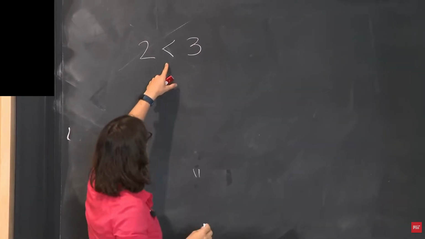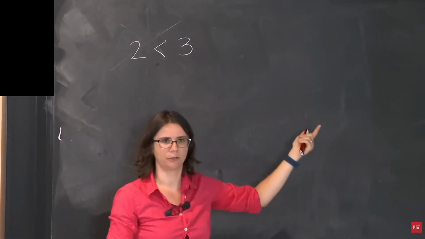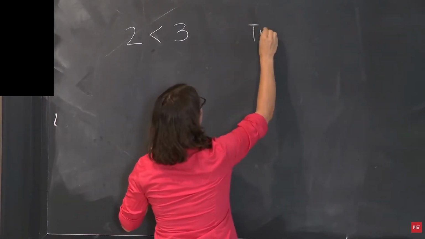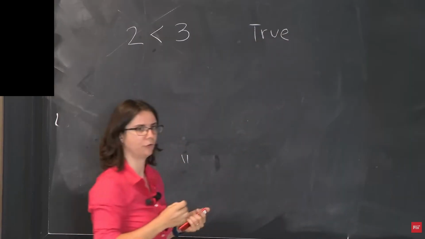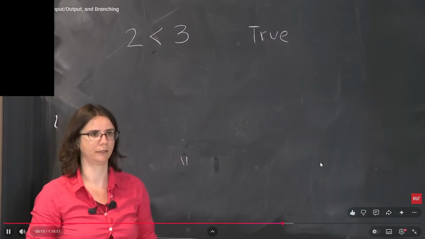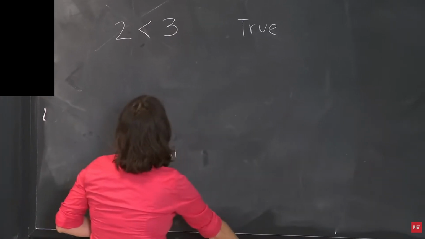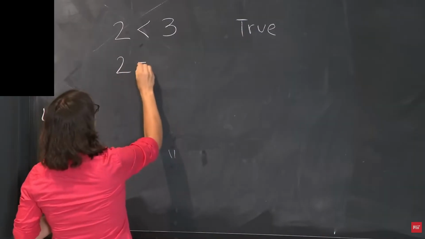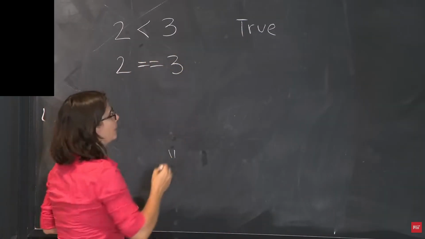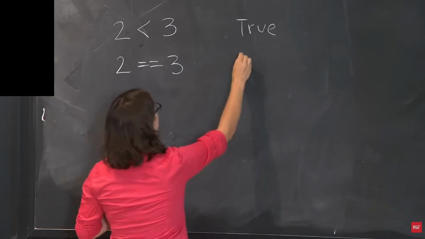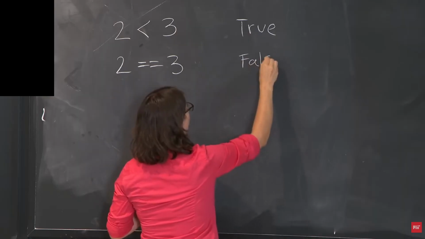This expression evaluates to a certain value. It's not a number, it evaluates to the Boolean value true, because yes, 2 is less than 3. The double equal sign is how we ask Python to tell us whether two things are equivalent, and the result will be the Boolean value true or false.